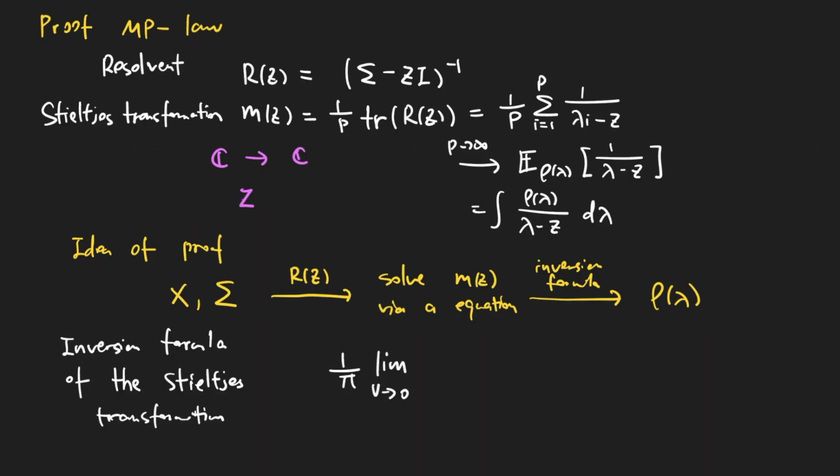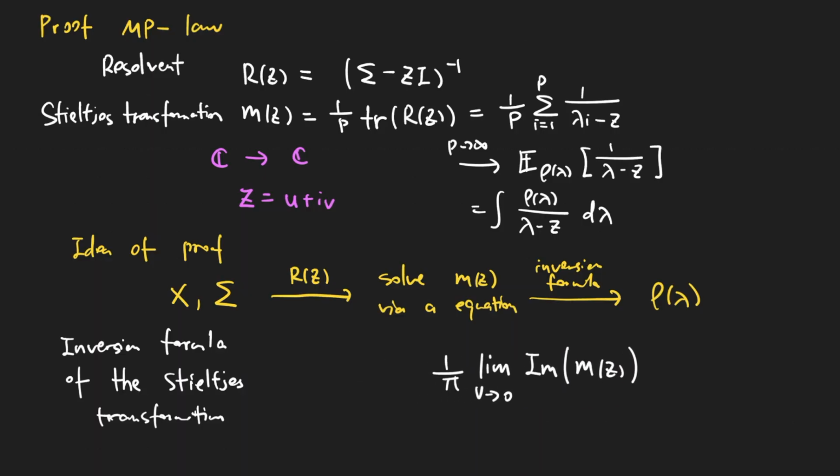So we can write z as u plus iv. Then we just grab the imaginary part of the function m of z, right? And that will just give us the density function rho of u. So this is the density function for the eigenvalues.